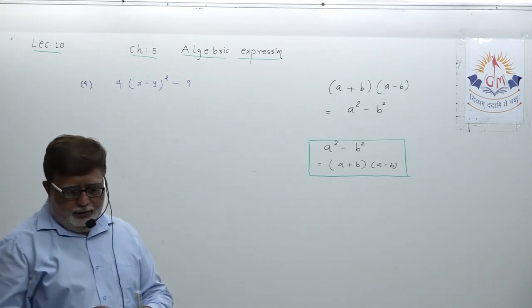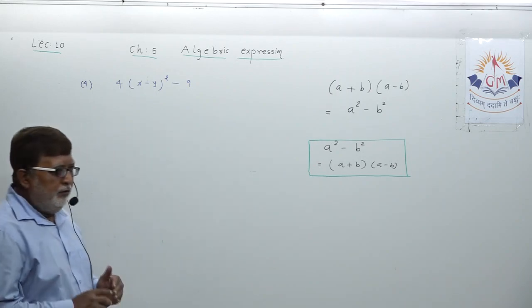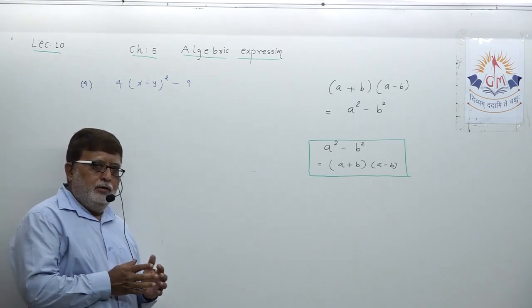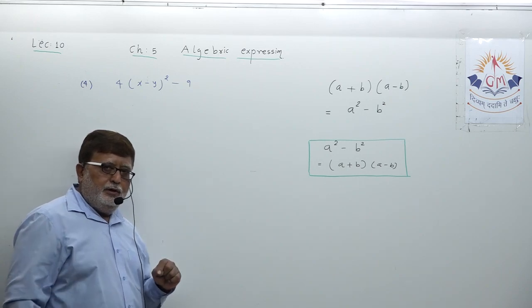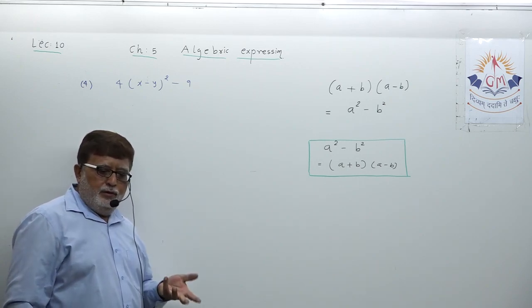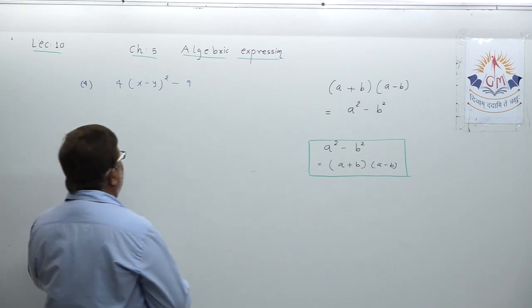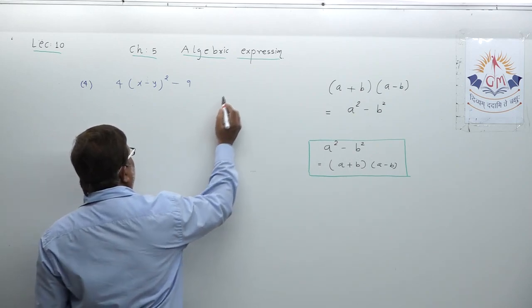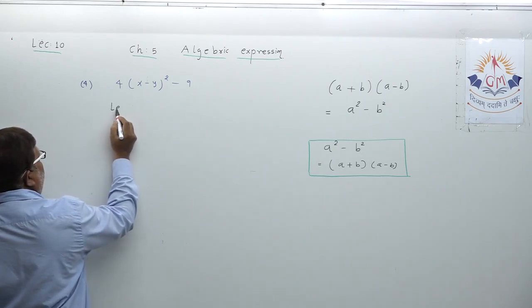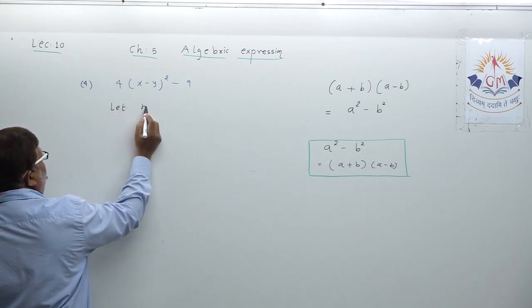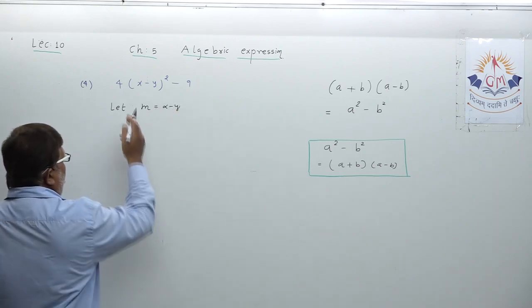So first thing, dear student, if you see the difference between the previous three examples and this, here a bracket is there. Whenever you come across such, I have told you, just suppose this bracket. I am writing this way, let m equal to x minus y.